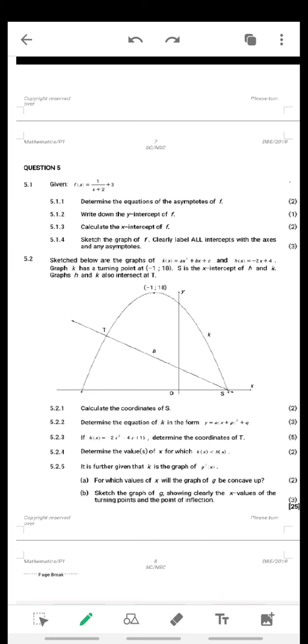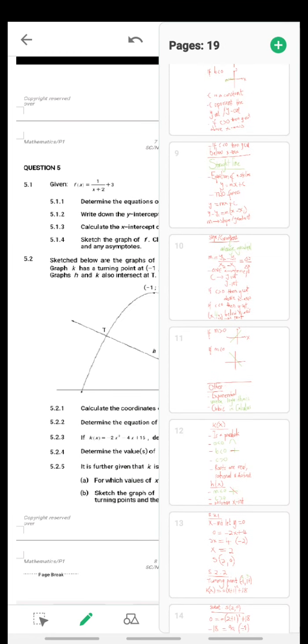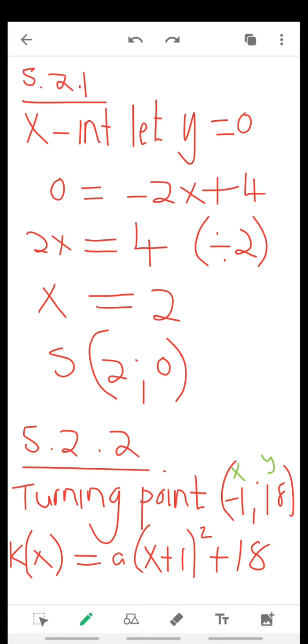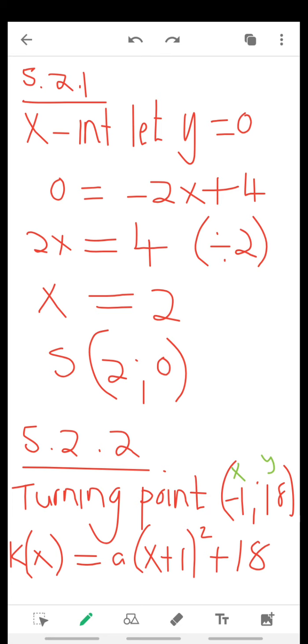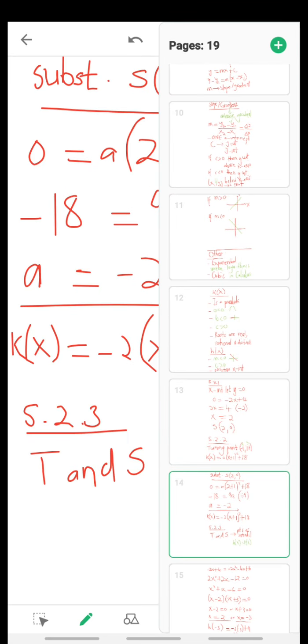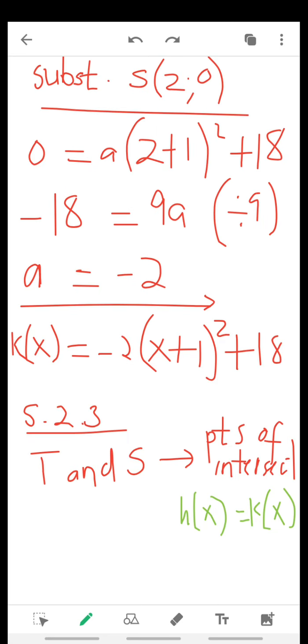Having substituted my s, what I found was that my k of x equation then simplified to this. My a was minus 2, then I substituted my a back where there was a, and the equation in full became minus 2 all multiplied by (x plus 1) squared plus 18.